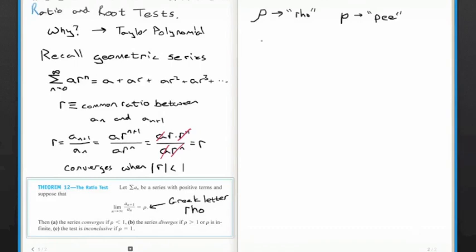What if we looked at the harmonic series, the sum from n equals 1 to infinity of 1 over n. If we applied this ratio test, we're looking at 1 over n plus 1 over 1 over n, and this is our rho. You can quickly see that this just becomes n over n plus 1.